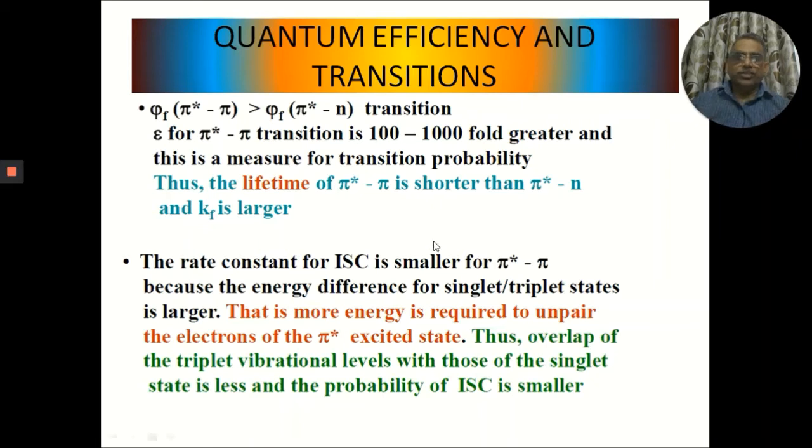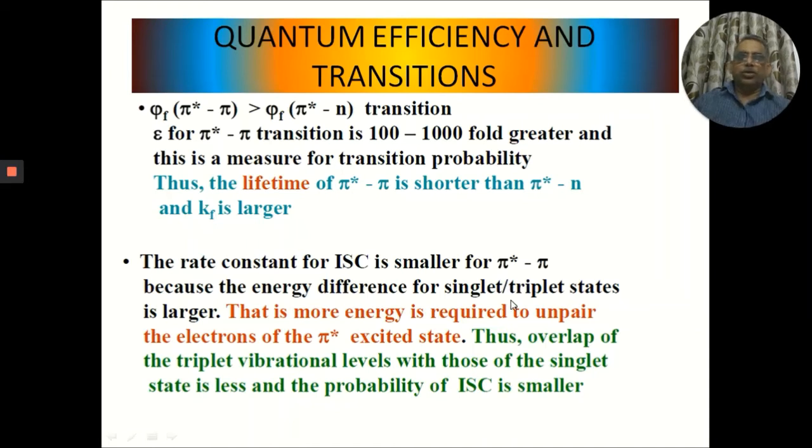The reason for that is the energy difference between the singlet and triplet states is larger in the case of the pi to pi star orbital. So more energy is required to unpair the electron in the pi star excited state. You can see that the overlap of the triplet vibrational level with those of the singlet state is less, and the probability of intersystem crossing is smaller for the pi to pi star orbital.